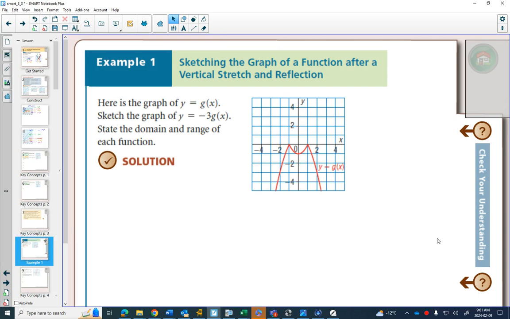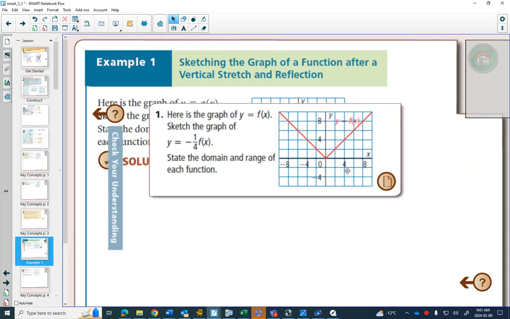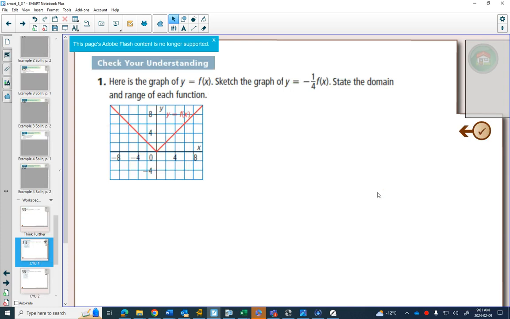So let's go to example 1. Here's the graph of f of x. Some of you right away will recognize the explicit equation.